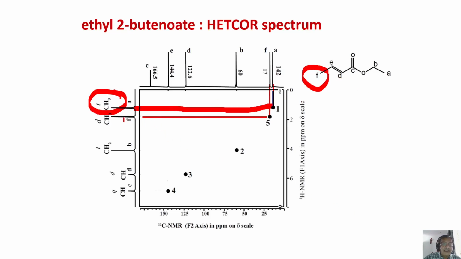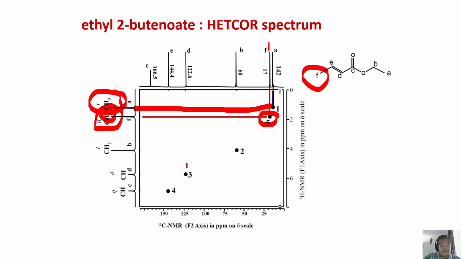Go horizontally along this axis: this is the proton chemical shift, and here you hit upon a cross peak. Go vertically and you will see this peak, which is a carbon peak. So the chemical shift of this CH3 carbon is correlated with this CH3. You get the chemical shift of this proton and of this carbon from this peak.